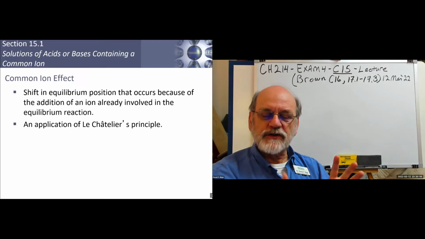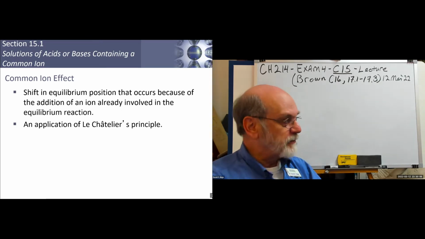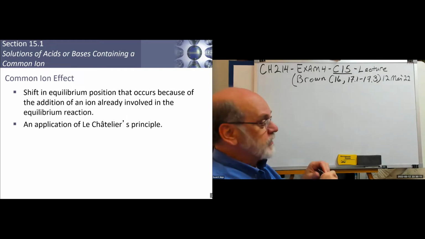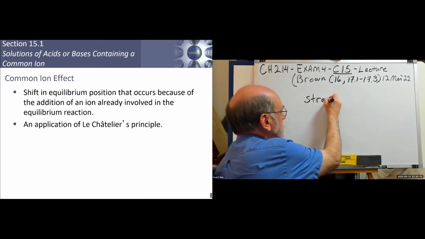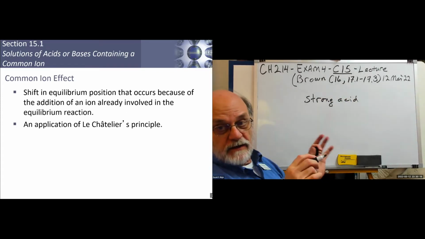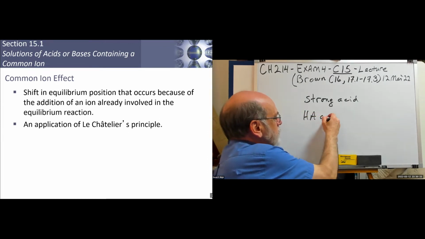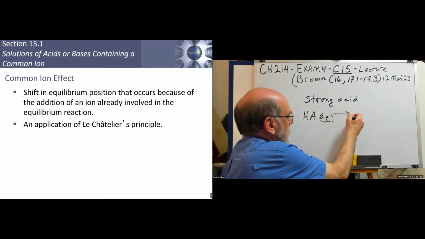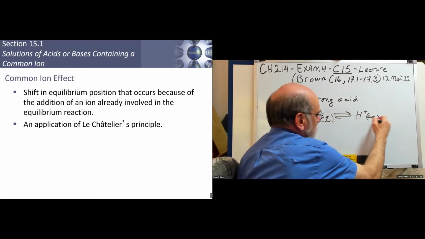So when you're trying to determine the pH of a solution, it's fairly simple. If you have a strong acid, for instance, then your dissociation for that acid in aqueous solution will be virtually complete.